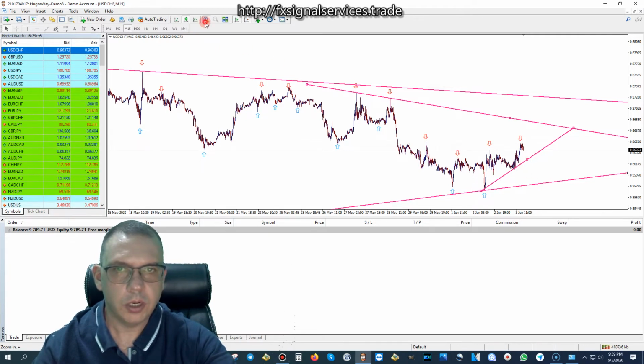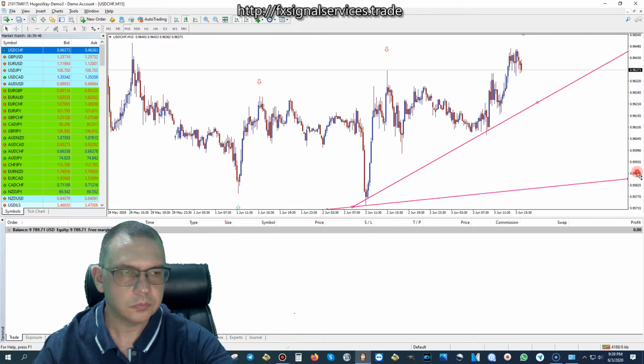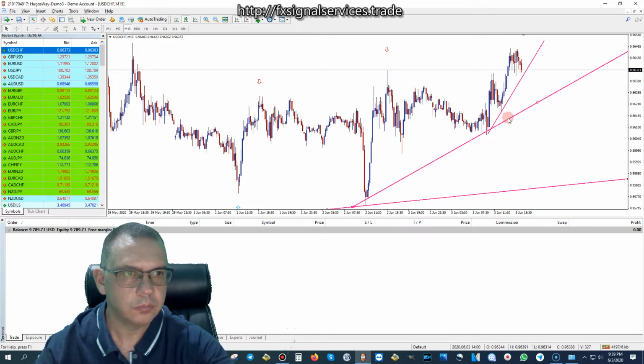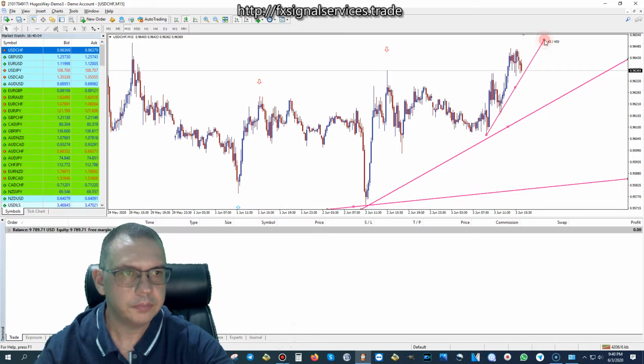Now, we can also notate, look at this. We can see that we have an uptrend right here. And these trend lines are all getting into one another. But basically, we have a support right here going up.